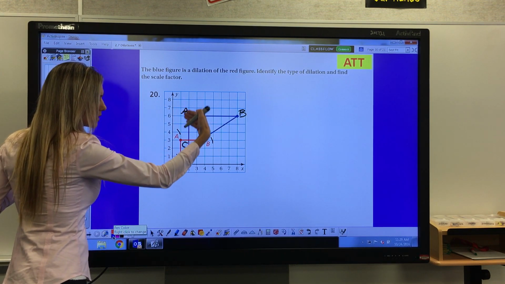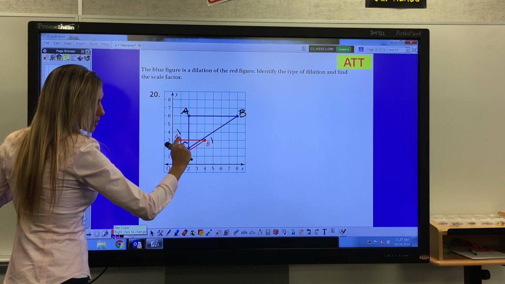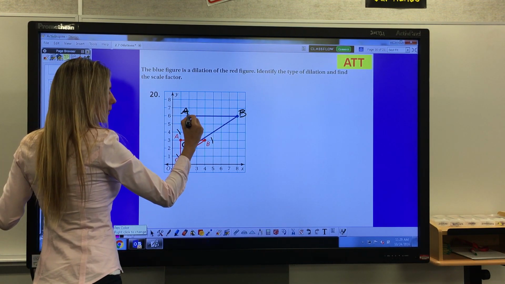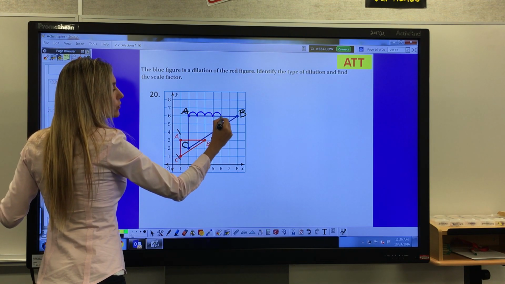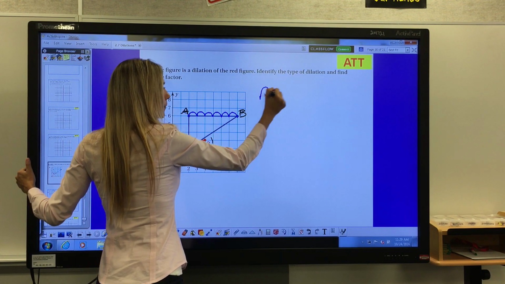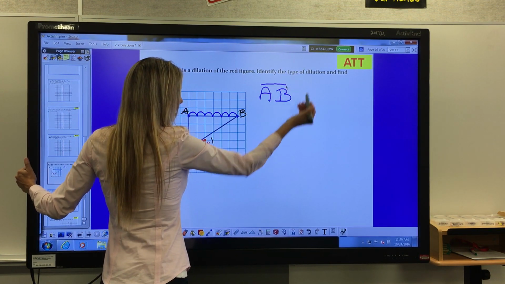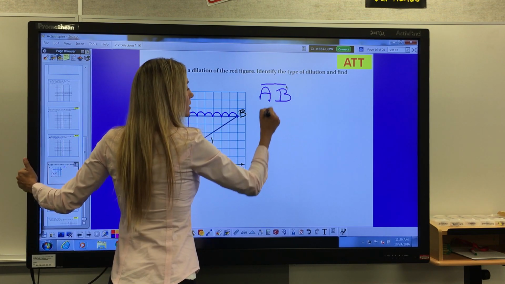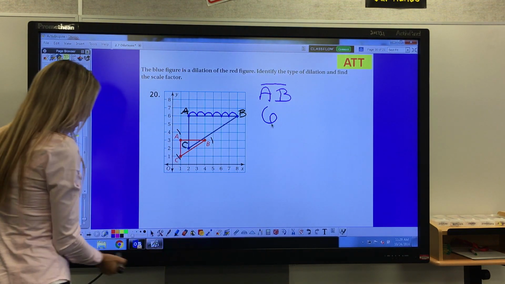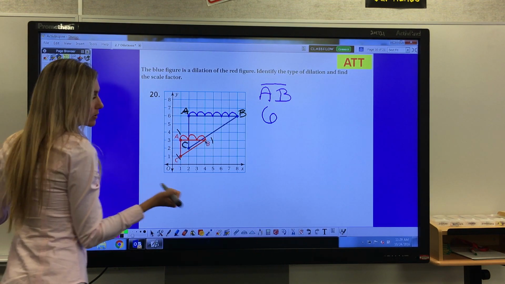So again, let's look at the corresponding sides. I can also look at A to B, which corresponds to A prime to B prime. Let's do it that way. 1, 2, 3, 4, 5, 6 units. So the measure of side AB is 6 units, right? Now the red AB is 1, 2, 3 units, correct?